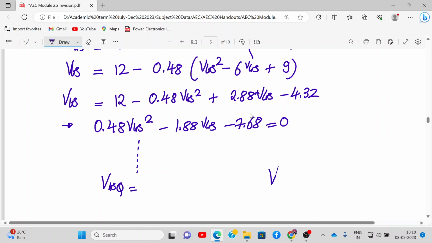So you will get two values of VGSQ. Tell me which is correct. Both the units will be in volts. Remember, this is enhancement type biasing.